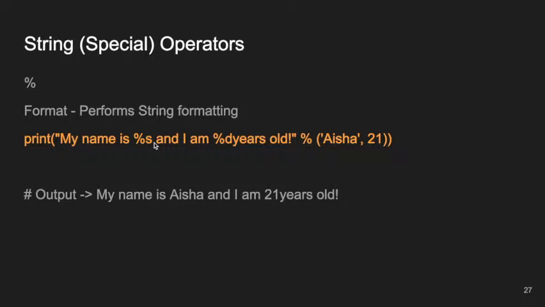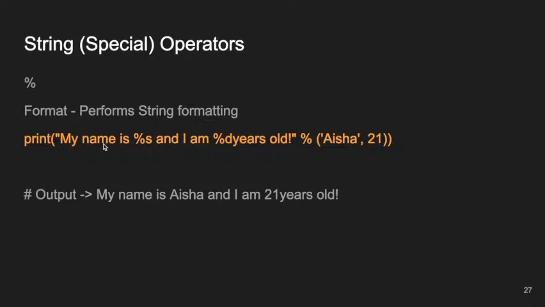You've already seen where we use the string interpolation with the F string. Now we are using the percent. When you say %s, you are referring to another string, and when you use %d, you are referring to an integer. Likewise, you can use %f to refer to a floating point number.